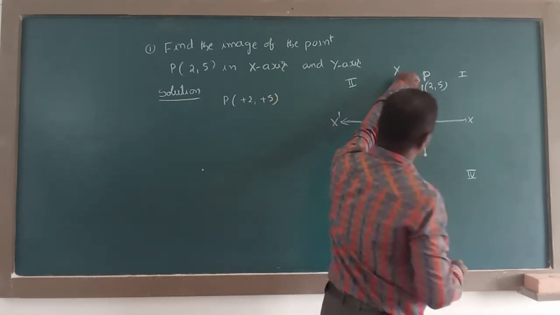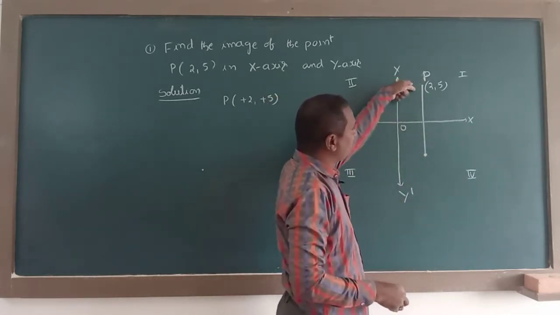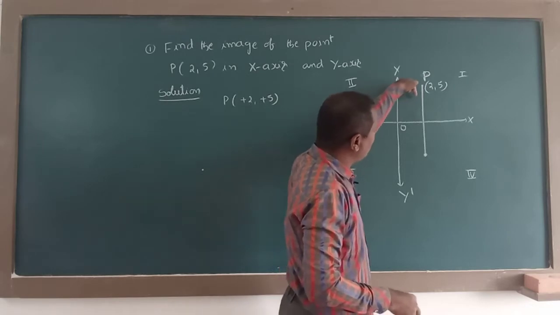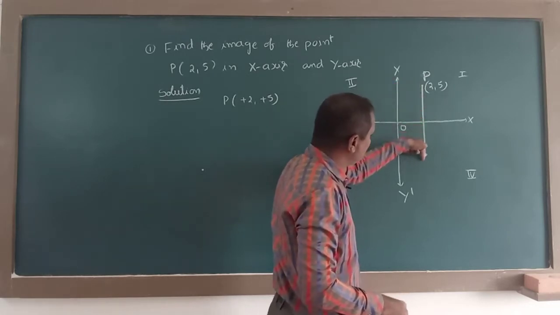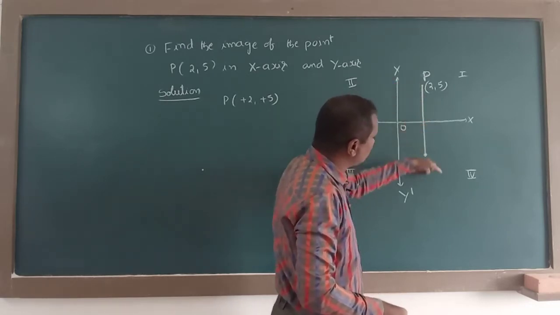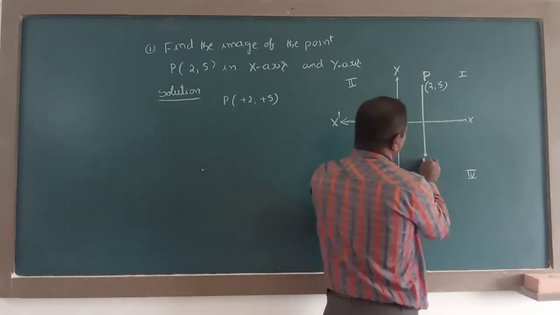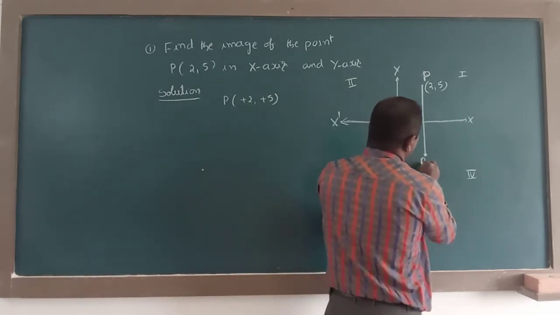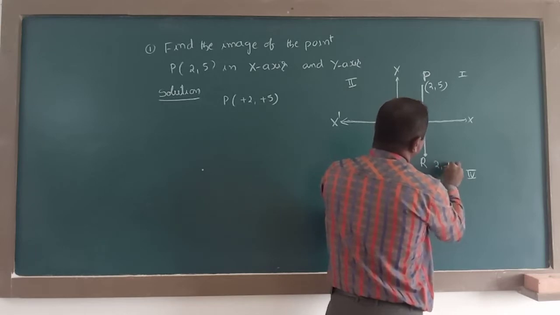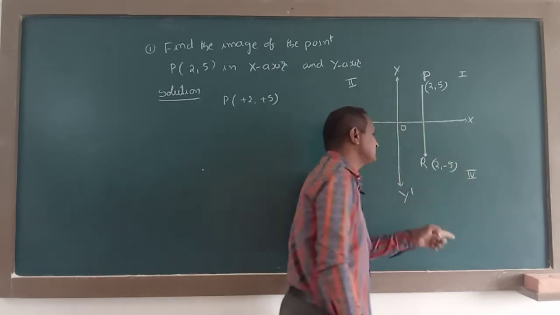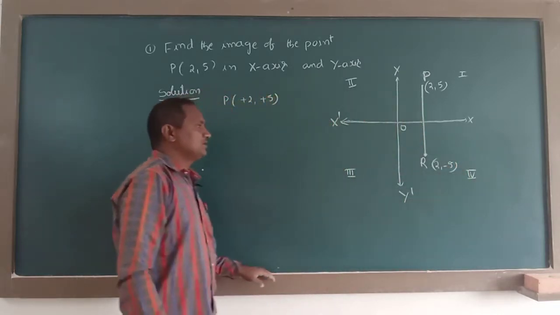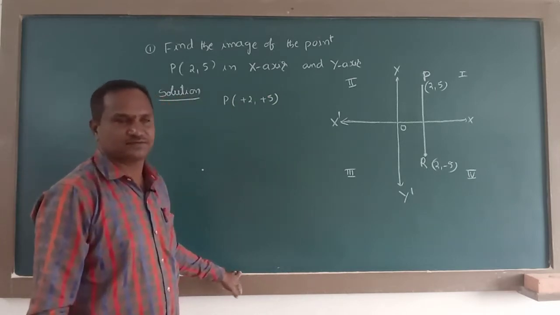The point moves downside, into the fourth quadrant. In the fourth quadrant the symbols are plus, minus, so 2, minus 5 is the image of the point P(2, 5) in the x-axis.